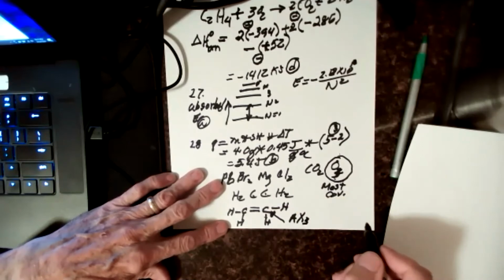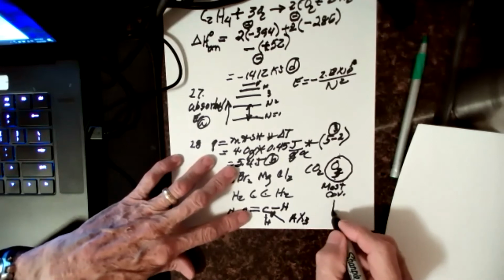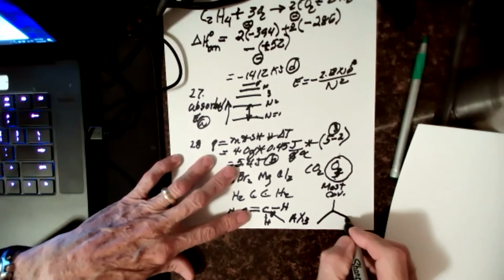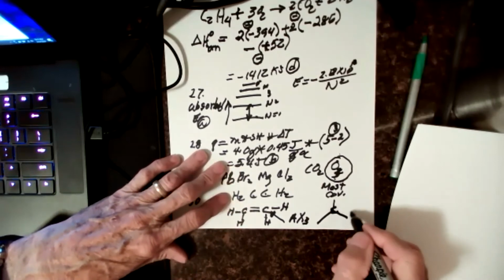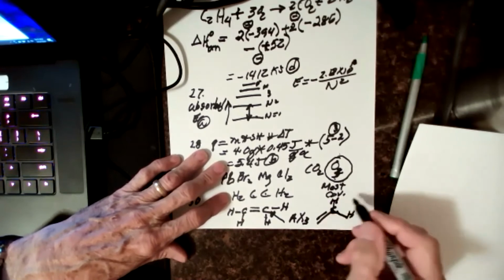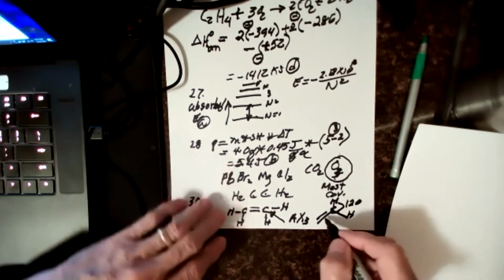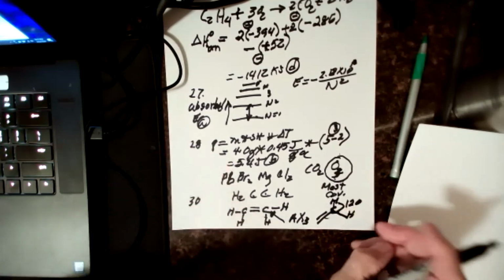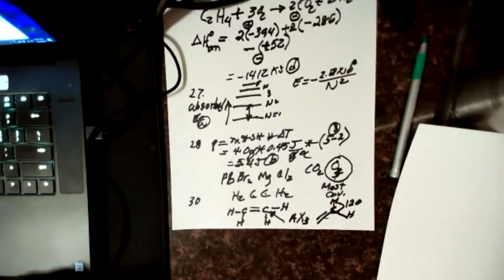How many lone pairs? None. So what is the shape of AX3? It's trigonal planar. So this carbon atom is going to have the hydrogens here and here and a double bond there. The bond angles are 120 degrees, all of them. The other end looks the same. So the correct answer for number 30 would have to be C.